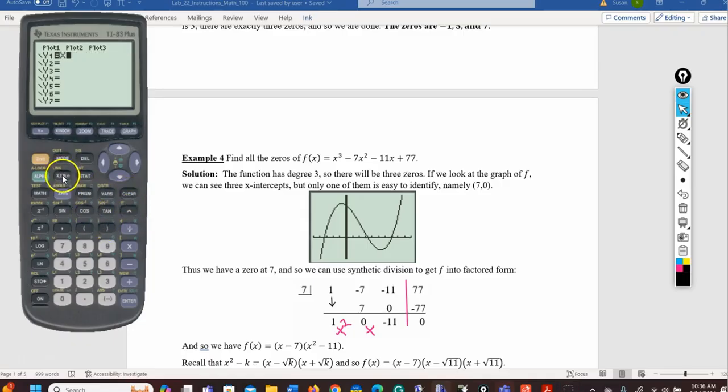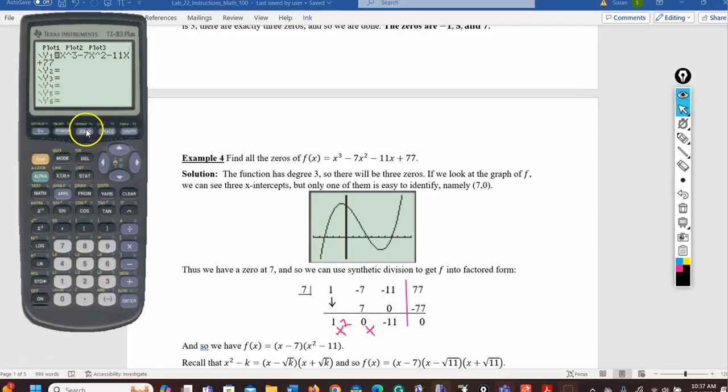And now I have x cubed minus 7x squared minus 11x plus 77. And let me make sure I have entered it correctly.